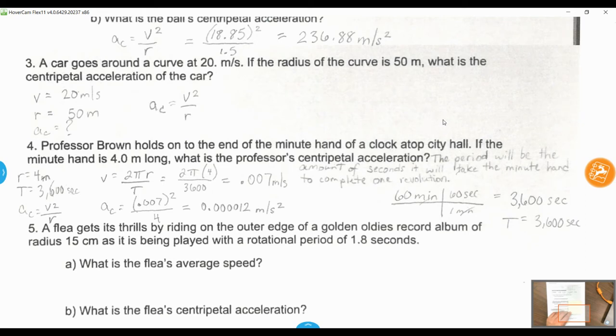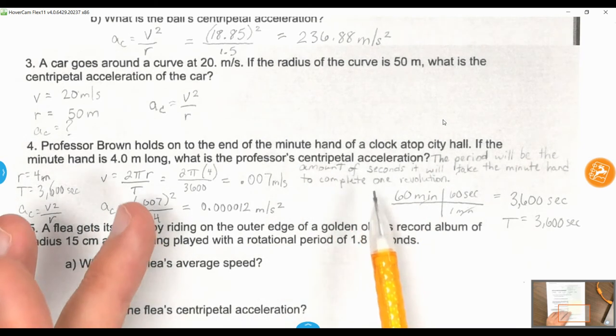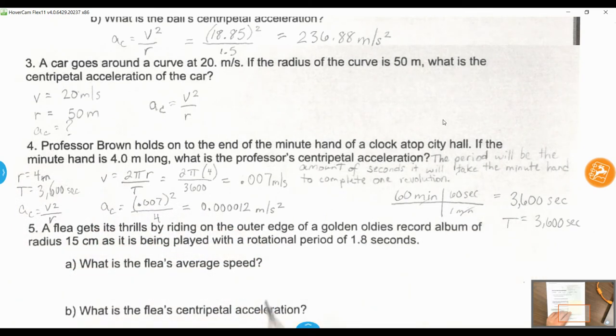The next set of problems that we do are probably going to be a little bit easier to decipher. There's a couple extra steps in here. Some of the problems that I would like to give, I'm going to break it down first. I may not have you do the conversions like this, converting into full seconds or going from RPMs into hertz, but I'll say, okay, you have these two things, solve for this.